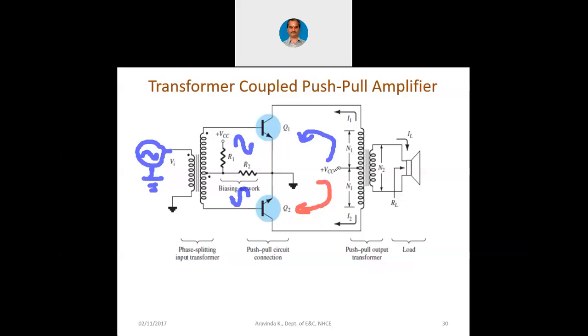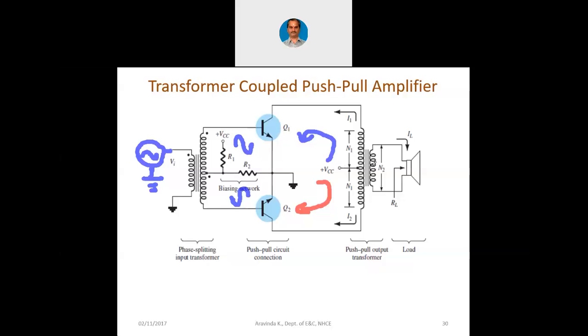So when Q2 turns on, there will be a winding across N1. So accordingly, Q1 will be on, Q2 will be off, or Q1 will be off, Q2 will be on. So there is this push-pull operation, and because of the supply connected at the middle of the center tap transformer at the output.